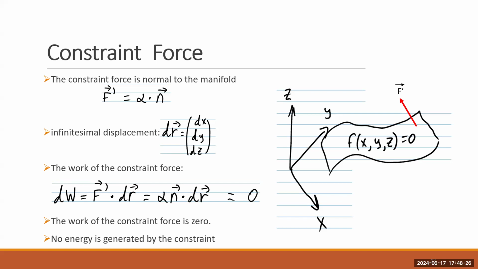Therefore, this force times dr is alpha n dot dr, and it is 0, as we said before. So the work of the constraint force is 0. So there is no energy that comes out of nothing. We cannot generate energy. This means that the work of the constraints is 0.